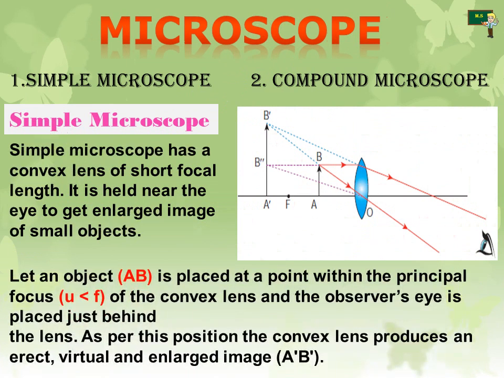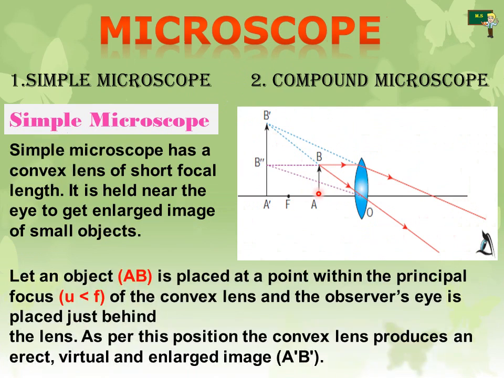Now, the simple microscope has a convex lens of short focal length. It is held near the eye to get an enlarged image of small objects. Let an object AB be placed at a point within the principal focus, where u is less than f.